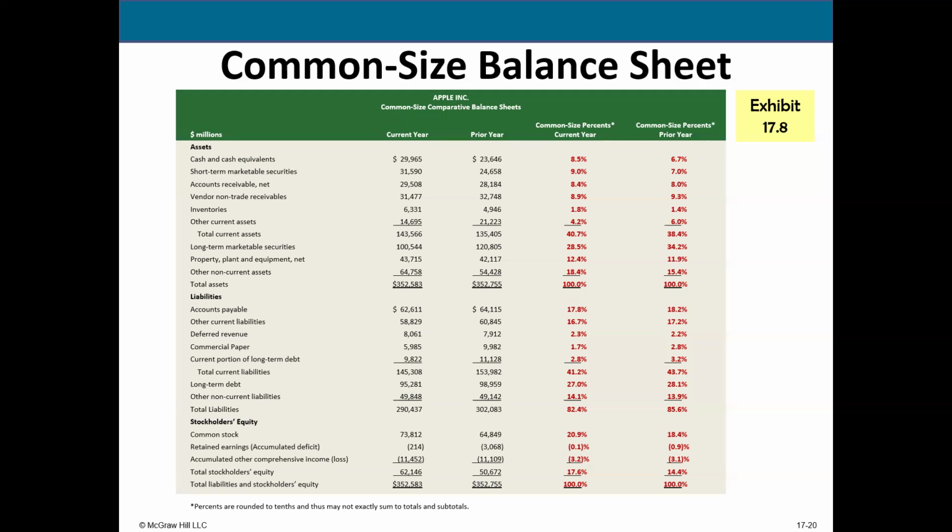So take a look. For the current year, accounts payable sitting pretty at 17.8% of total assets. Ooh, that's to me, that's maybe a little high. I don't know. It depends, right? So to me, that could be a concern. What it tells me is that maybe the company doesn't have as much current assets as they should, because they have high accounts payable.